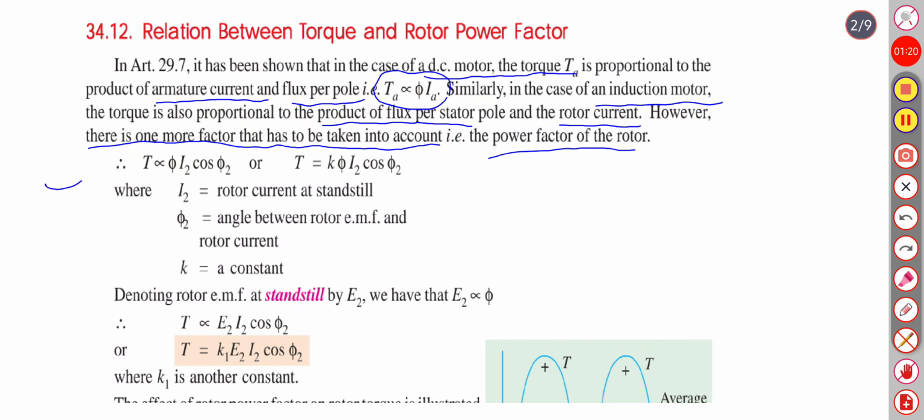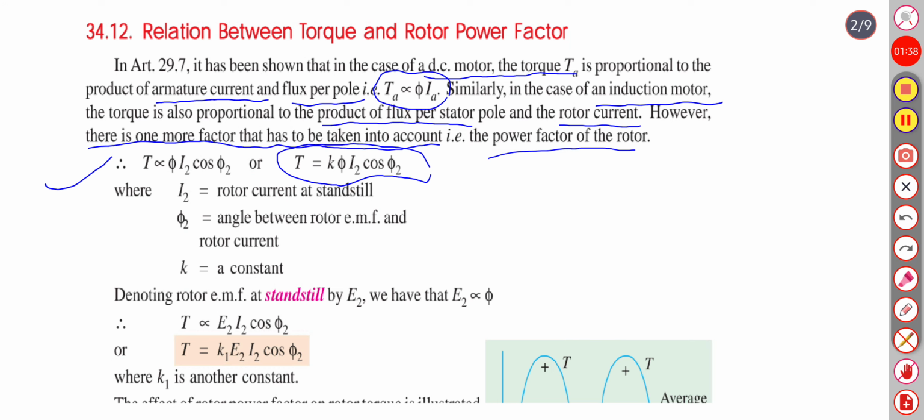Therefore, torque is proportional to phi I2 cos phi 2, or we can say it is K phi I2 cos phi 2.